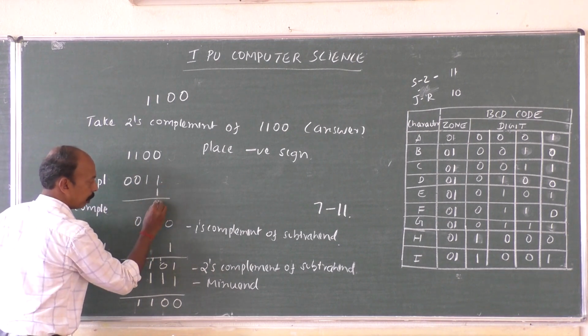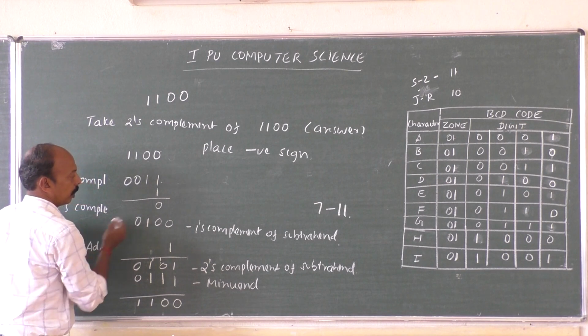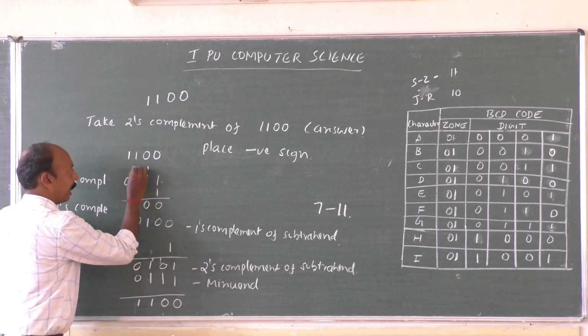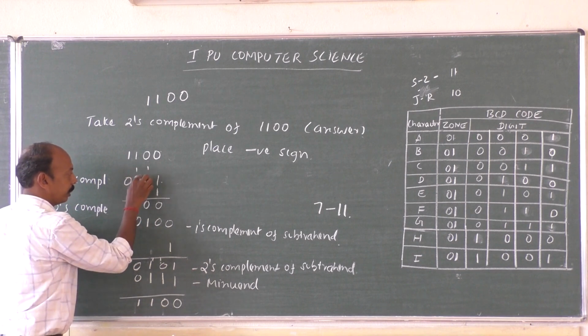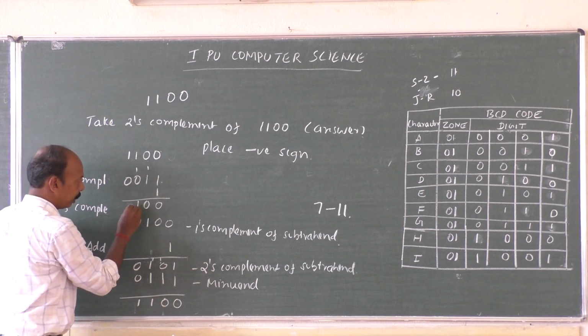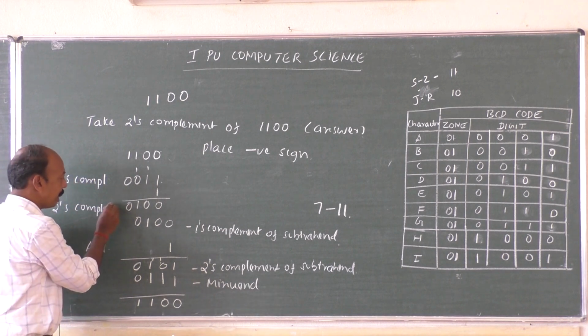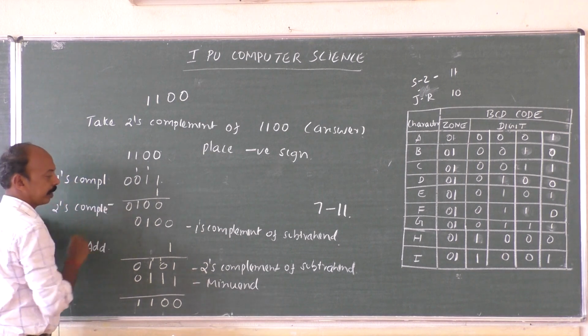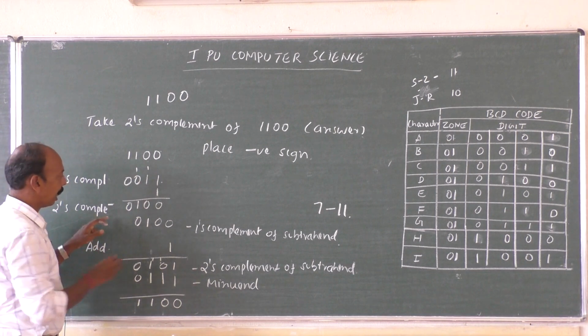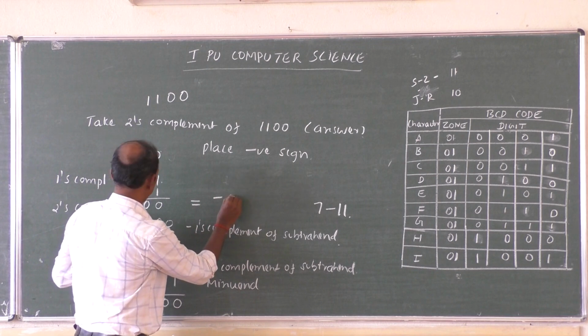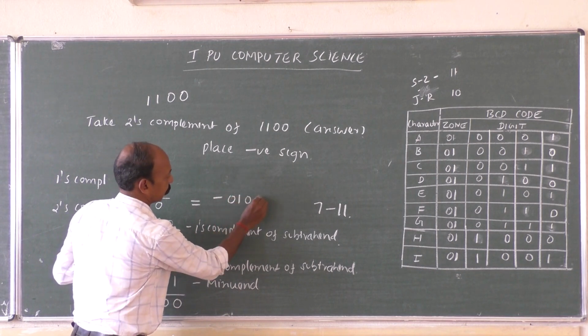1 and 1 will be 0 with carry 1. 1 and 1 will be 0 with carry 1. So here there is only 1, so 1 0 0. And we have to place a negative sign in front of this. So the answer is equal to minus 0 1 0 0.